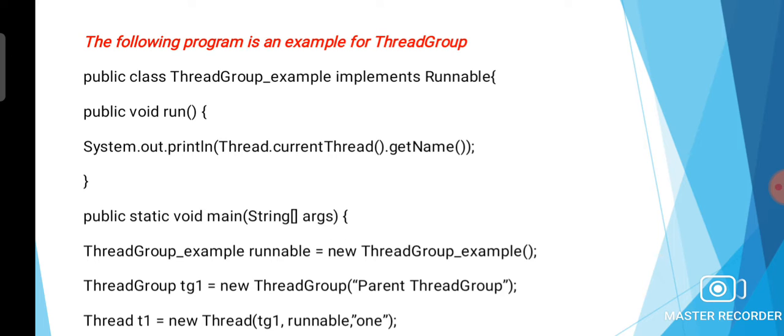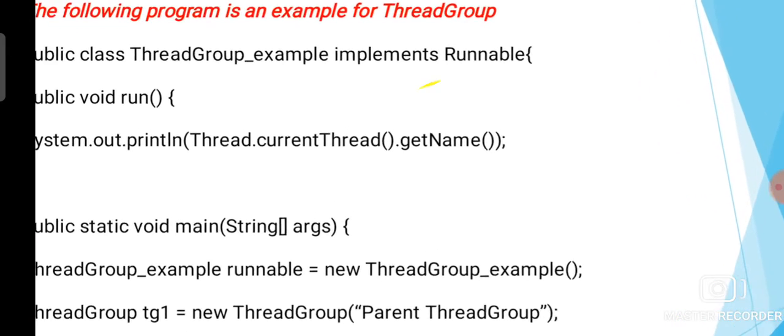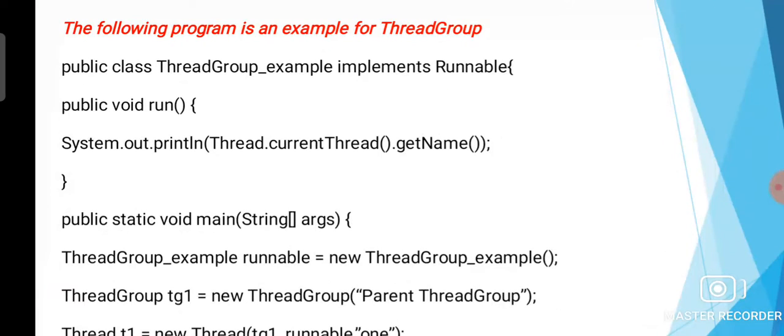Inside the run method, we will have the code associated with the thread. Whatever we want to execute related to the thread, all that code will be kept under the run method. In our example program, in the run method, we have only one System.out.println.